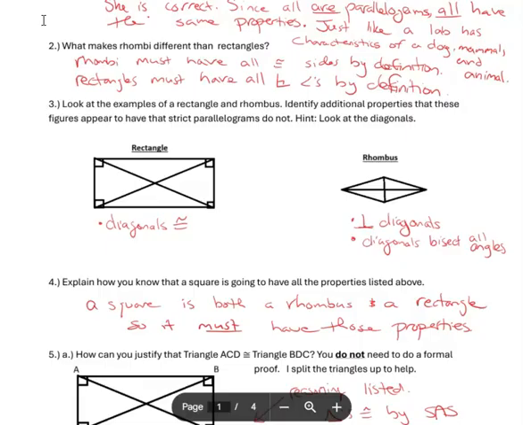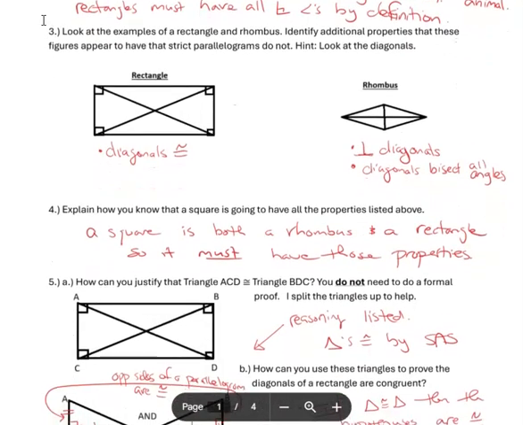So for a rectangle, you could say diagonals are congruent. For a rhombus, it looks like the diagonals are perpendicular, and it also looks like they cut the angles in half. So those would be two characteristics that a rhombus has that it does not look like a rectangle has. For this specific rectangle that is not a square, it does not look like the diagonals are perpendicular, nor does it look like it's cutting the angles in half.